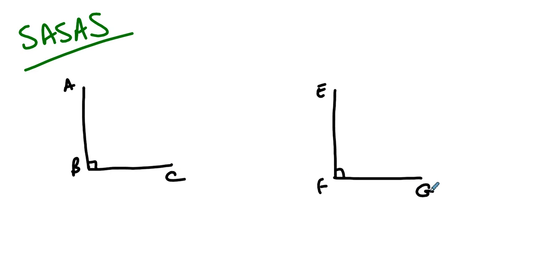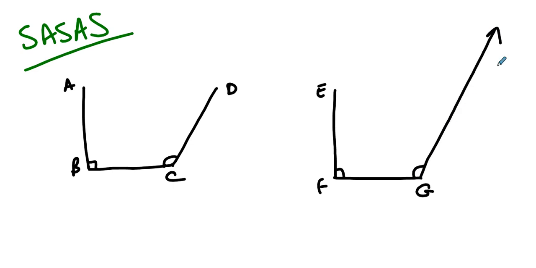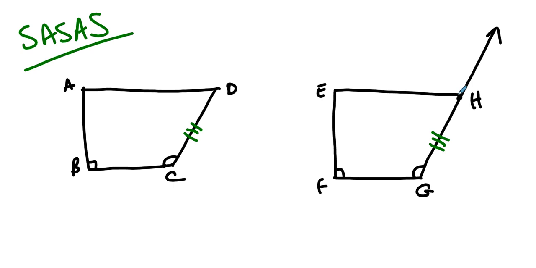There's C, there's G. And then you've got another angle and a side, so we open up to an appropriate angle, and there's D. We open up to an appropriate angle so that H is somewhere on this ray, but we know that this has to be congruent to GH, so we know where H has to fall. It's got to be there. And so then we do get congruent quadrilaterals like this, right?